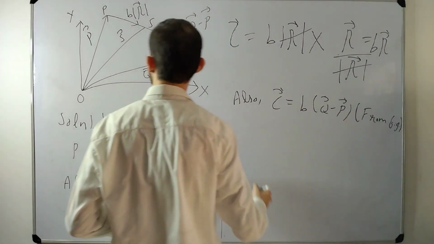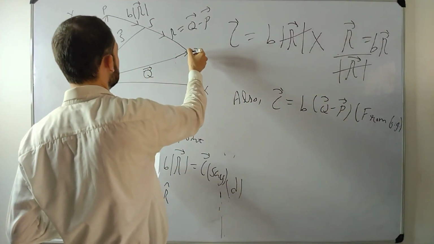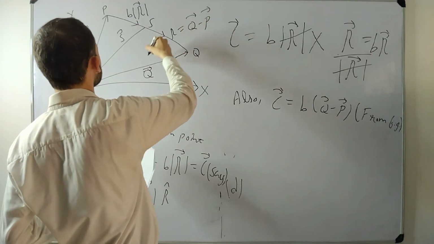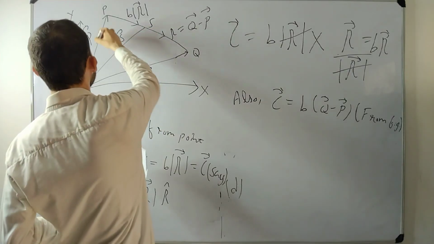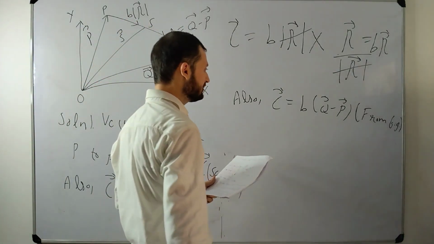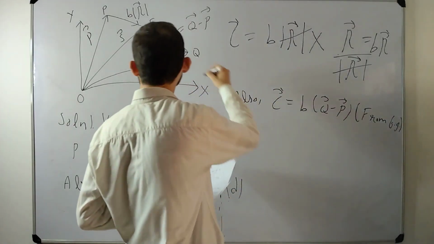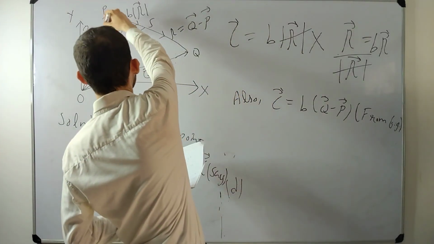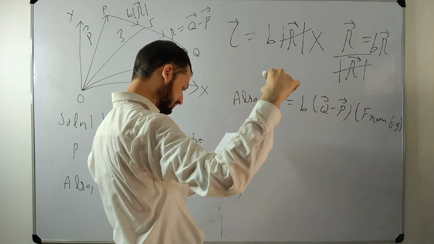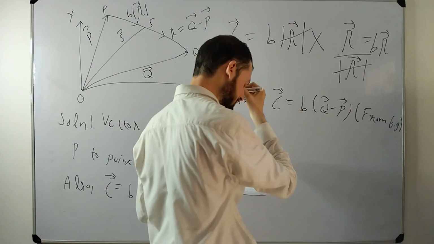So B, P minus Q. So where did Q? P minus Q. What am I saying? Q minus P. Q minus P. And so C is coming.